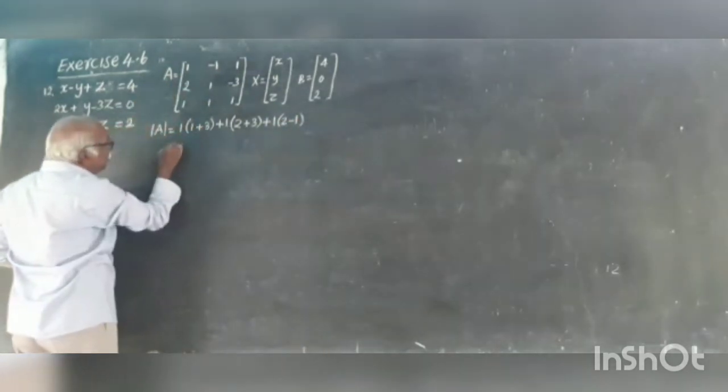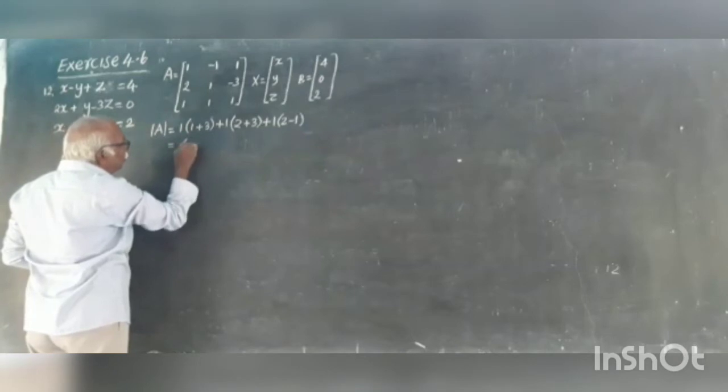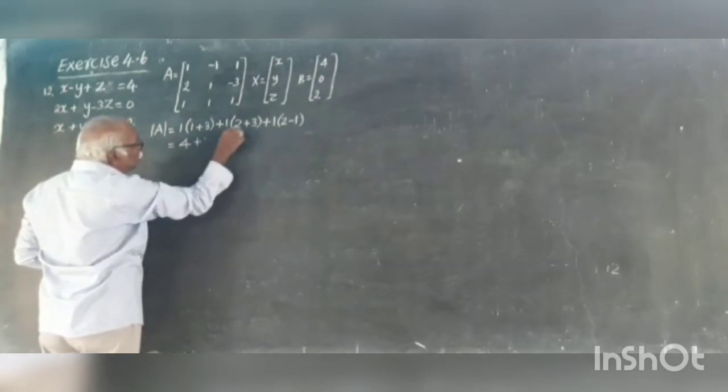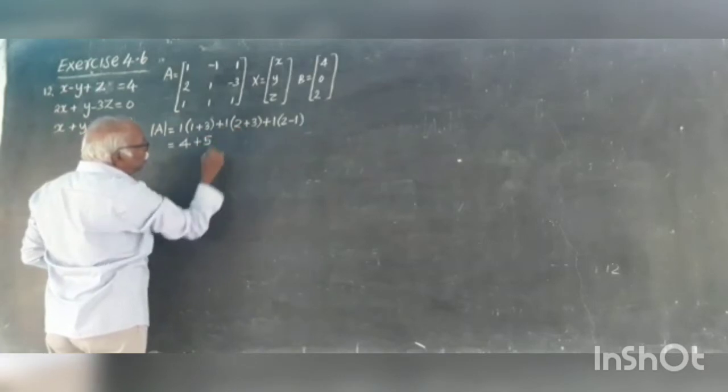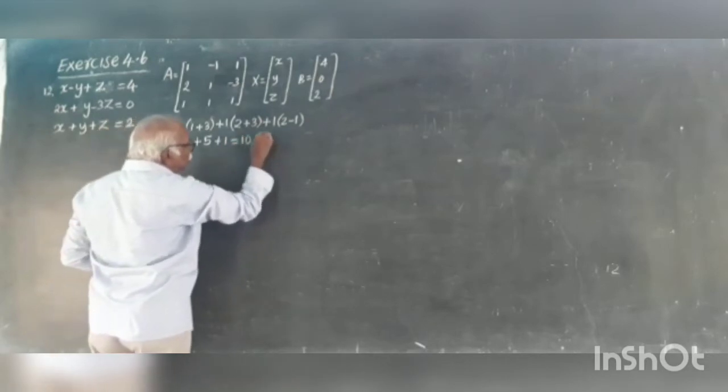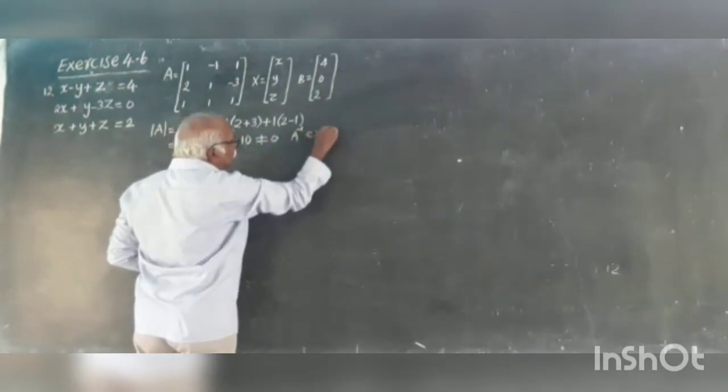Now simplify: 1 into 4, 4, plus 3, 2 plus 3, 5, 5 into 1, 5, plus 2 minus 1, 1, 1 into 1, 1. So the determinant is 10, not equal to 0. A inverse exists.